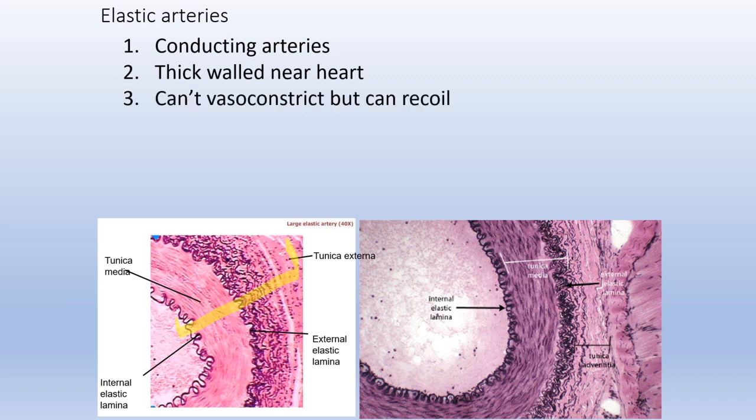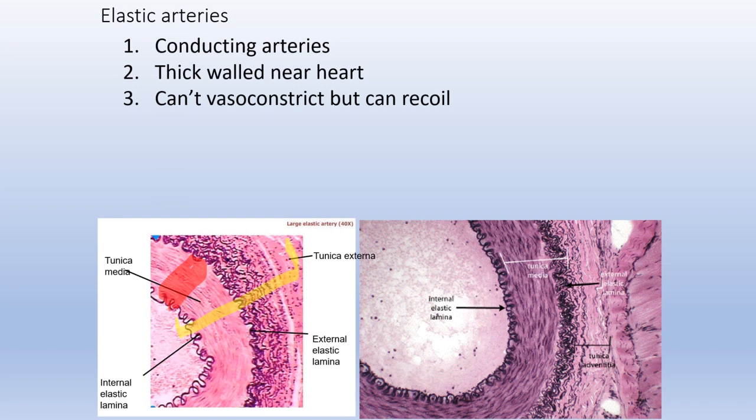So you can't constrict these arteries, which is strange because you're like, why is there so much tunica media, right? Why is there so much smooth muscle here if I can't constrict them? Well, these arteries, although they don't get smaller, reducing their diameter, they can control or keep their shape.